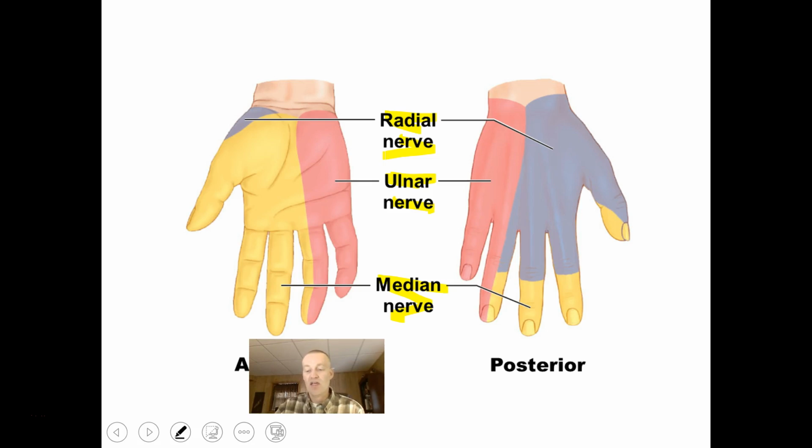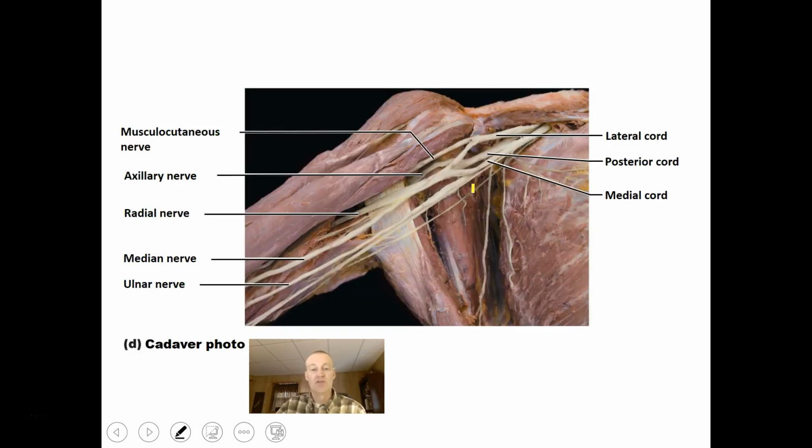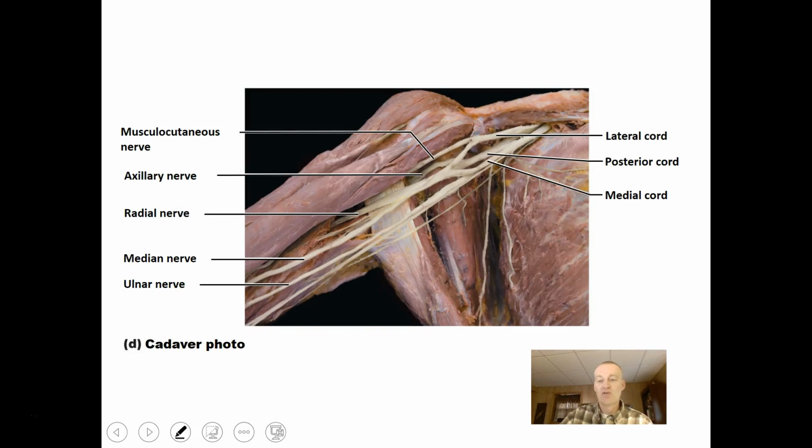So each nerve services a region. When you get damage to a nerve, there's going to be damage to that particular region. So knowing that the ulnar nerve services this region, if a person ever got a tingling or loss of sensation in this particular part of their hand, it may give you an indication what nerve is being damaged. These are what nerves look like in a cadaver, just to show you what those look like there.